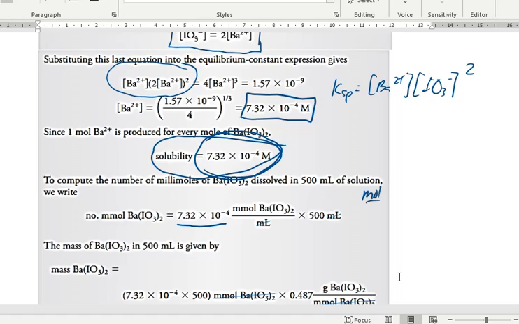It's moles per liter. This is equal to millimoles per mL. You just replaced it with milli, right? Okay, that's times 1,000 for everything. Okay? 1,000 over 1,000. So it cancels. Okay? So that's 7.32 times 10 to the minus 4 millimoles per mL. Okay? So, you cancel, you multiply that with 500 mL, because it's dissolved in 500 mL of solution.